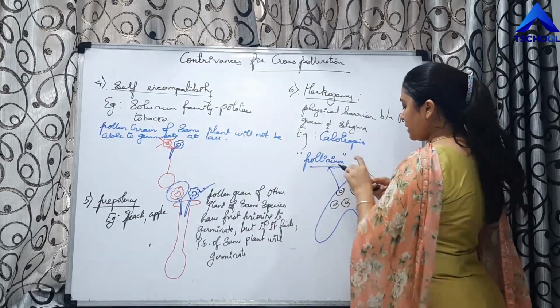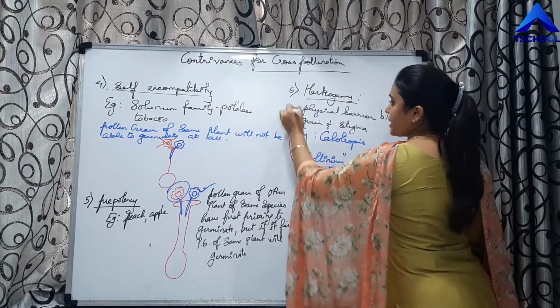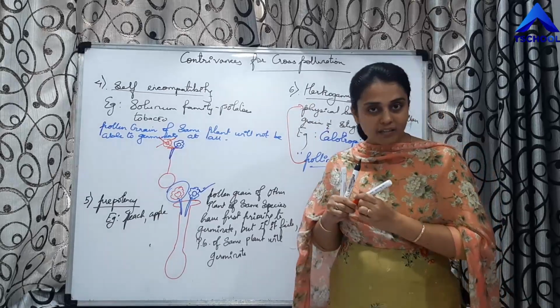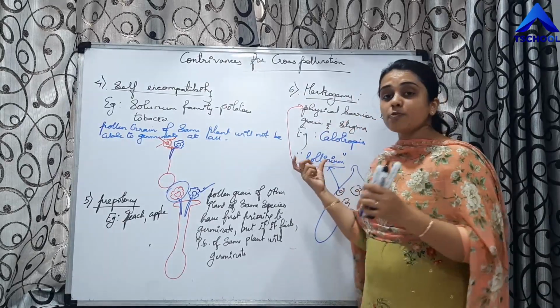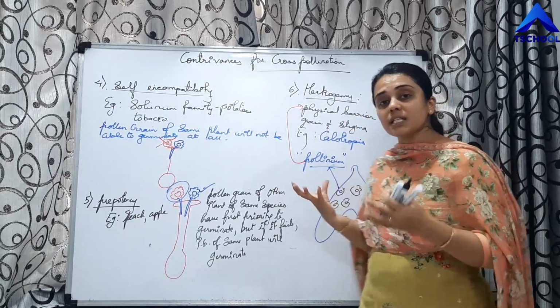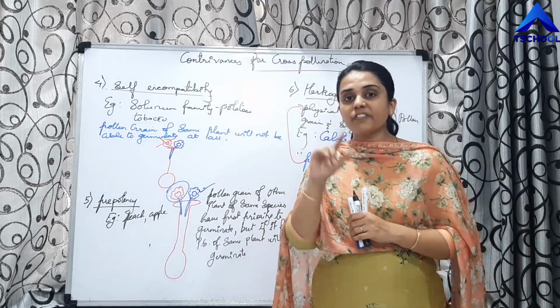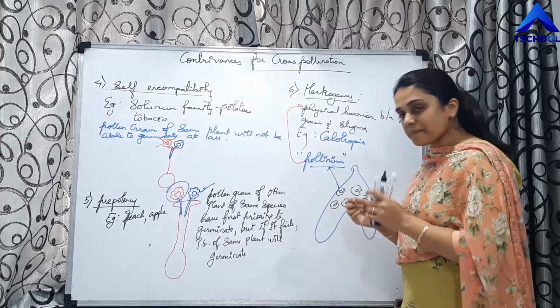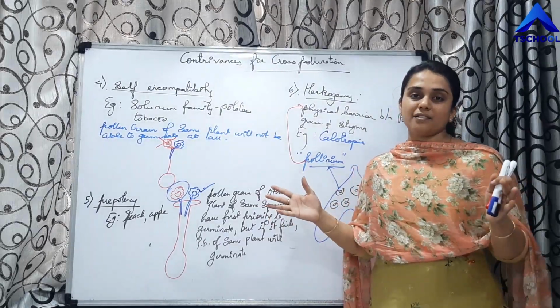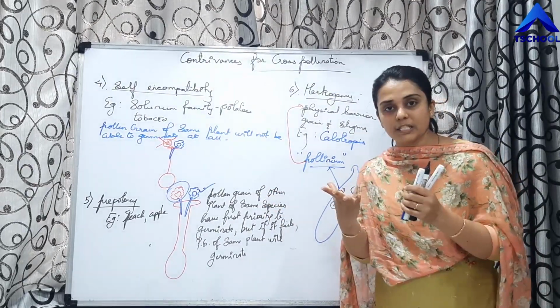So this pollinium is acting as a physical barrier, right? So if this pollinium which possesses the pollen grains is going to come on the stigma of the same plant, then this barrier is not going to get destroyed or burst, right?